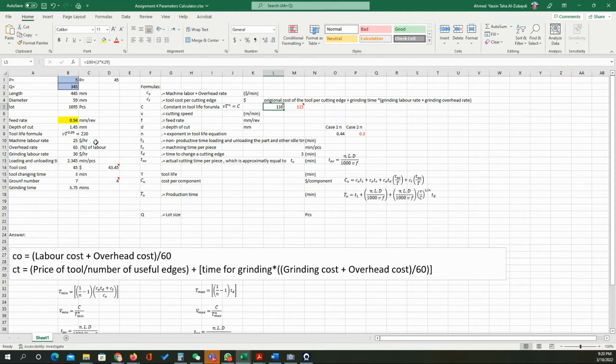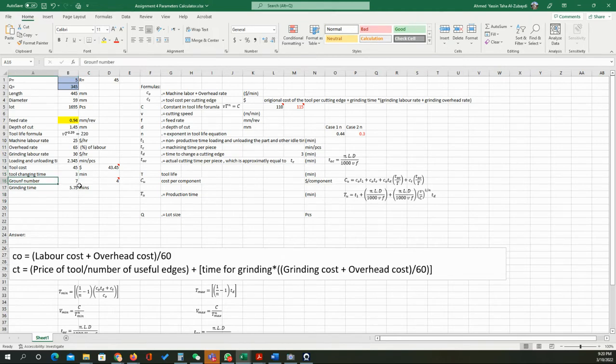Then we have the machine labor rate, the overhead rate as a percentage, the grinding labor rate, and the loading and unloading time, and the tool cost. This is for the high-speed steel, and this is for the carbide insert. The tool changing time is going to be the same for both.